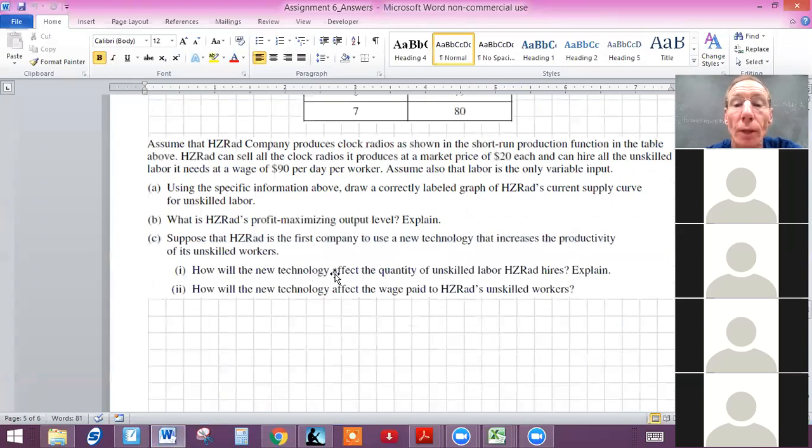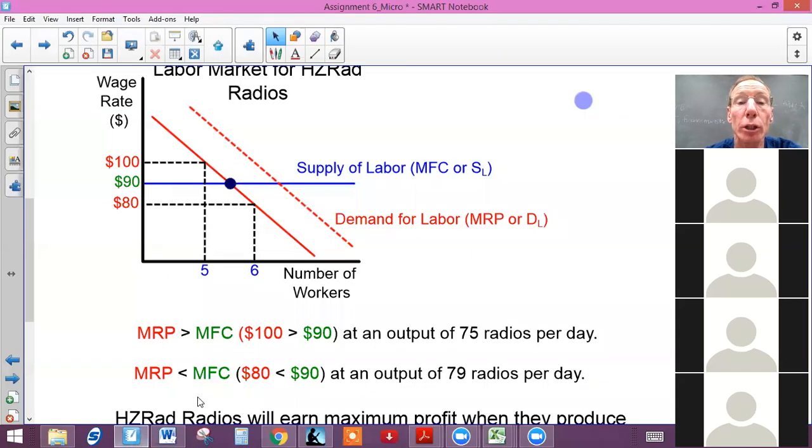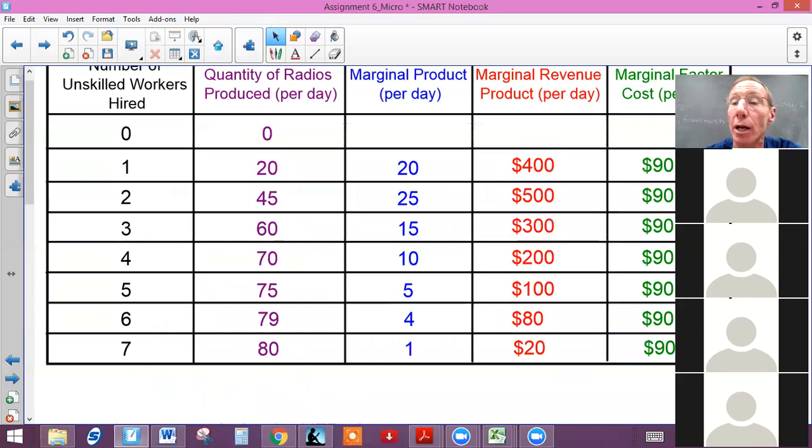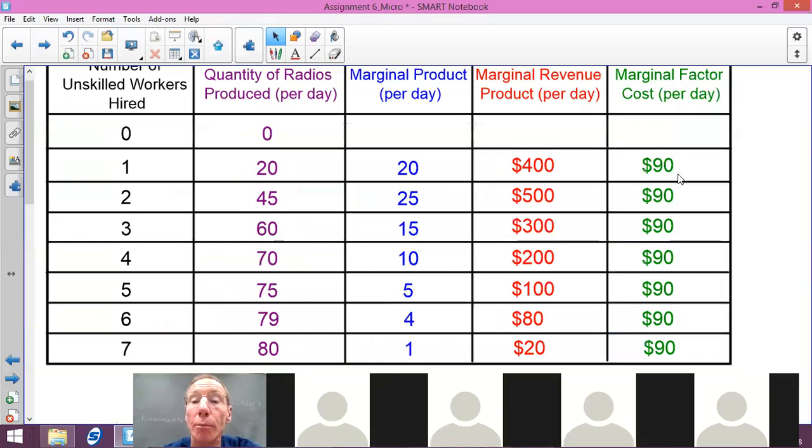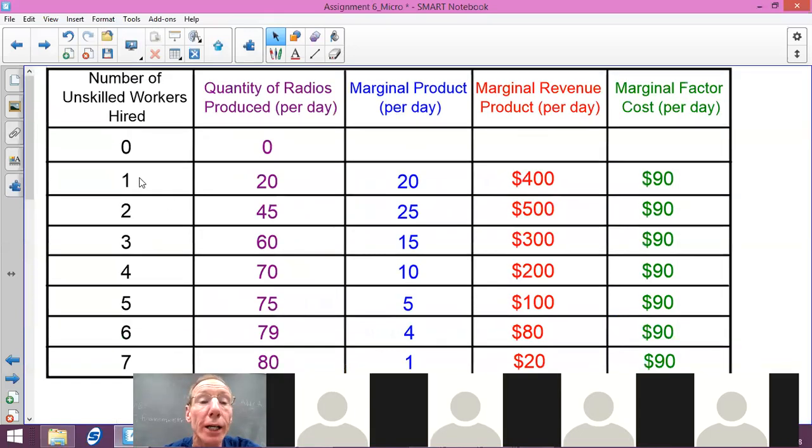Well, if we have a new technology that increases the productivity of the workers, what that would do is we would go back up here to the graph. Let me get you guys back out of the way. And that would mean that for every worker, the marginal product is higher because we've got some new technology that means that every worker can produce more.